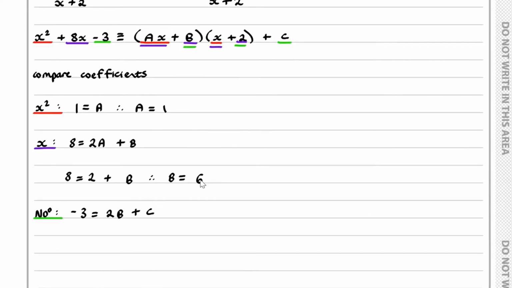We know that b is equal to 6, so we have minus 3 equals 2 times b, so 2 times 6, that's 12. So we have minus 3 equals 12 plus c, subtracting 12 from both sides, c is equal to minus 15.